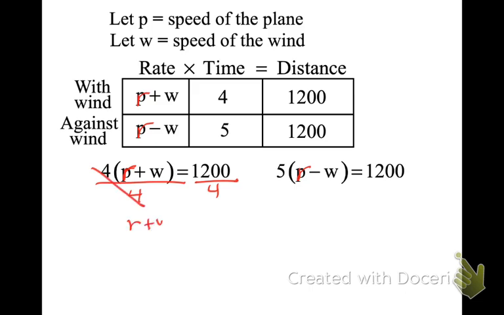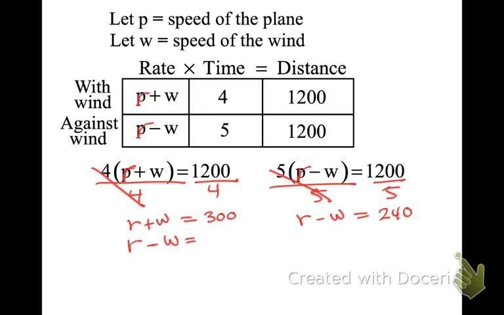I get R plus W equals 300. Divide this by 5, property of equality. R minus W equals 240.